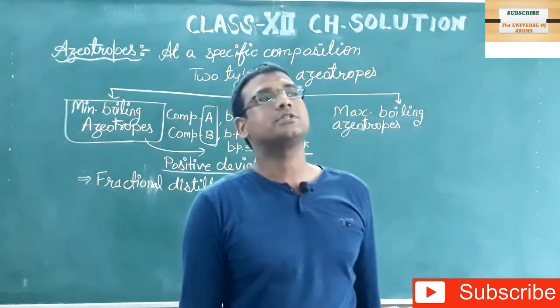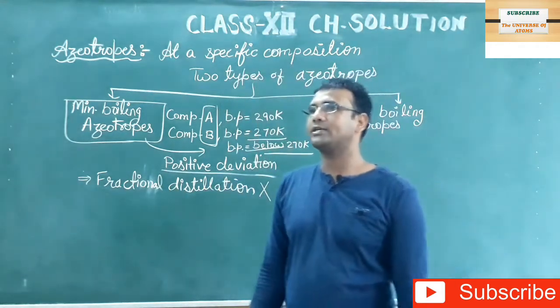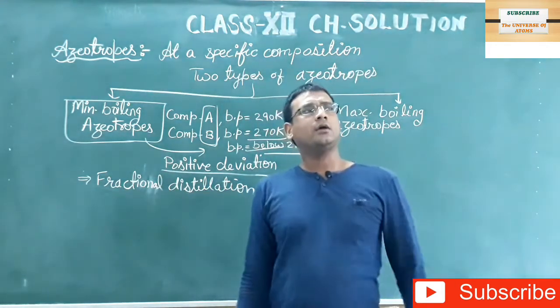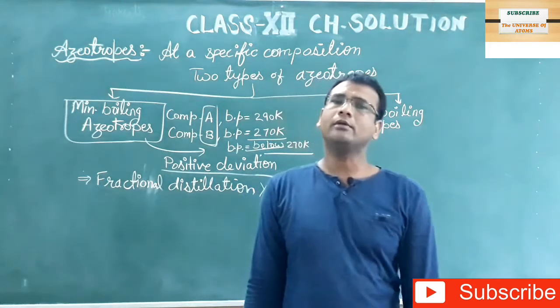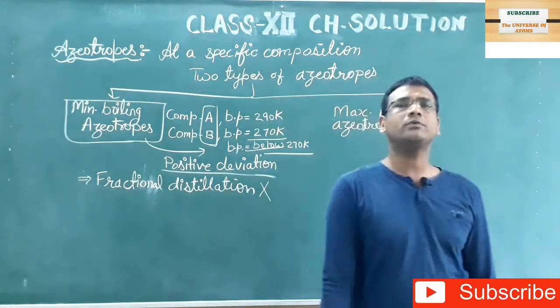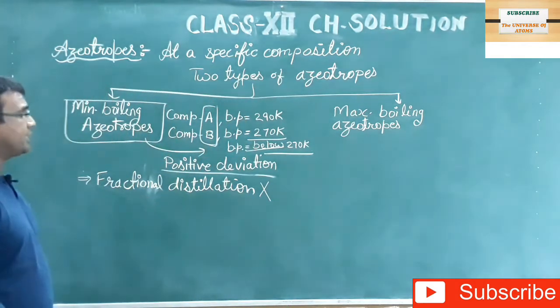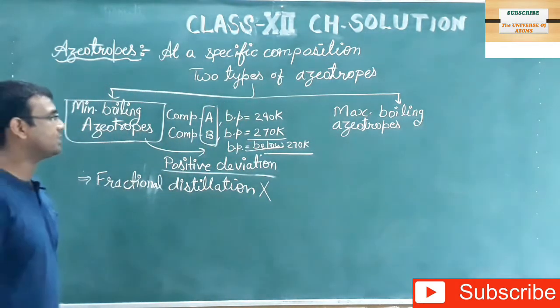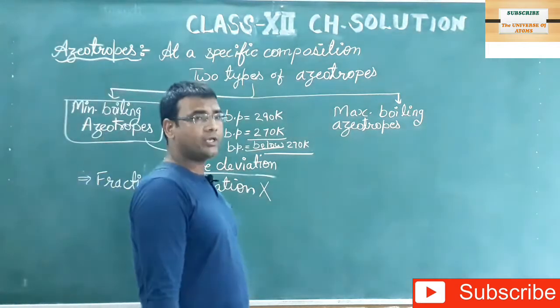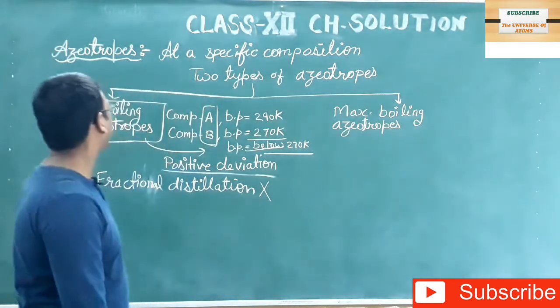After passing through the fractionating column, in another chamber it will be condensed, cooled down, and separated out. So this is the theory, the principle of fractional distillation. But in the case of a minimum boiling azeotrope, this method cannot be applied.